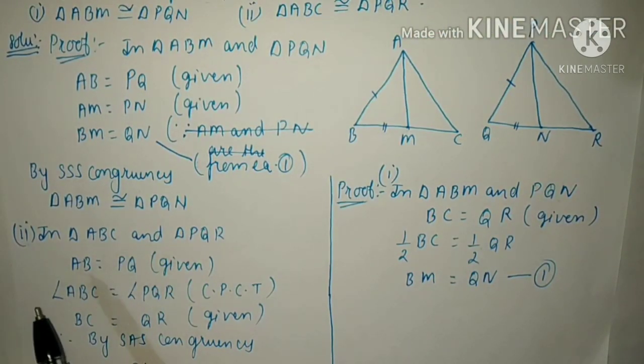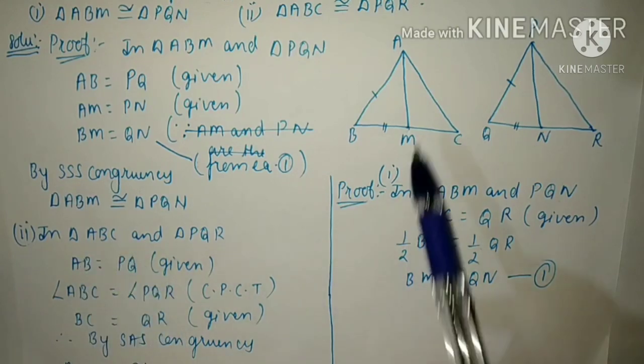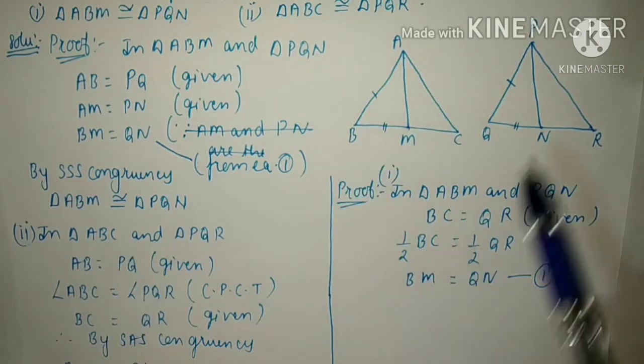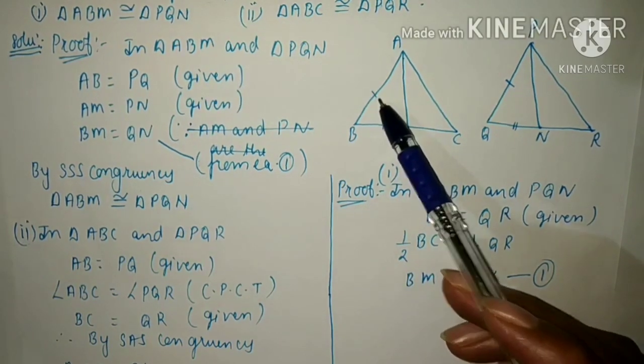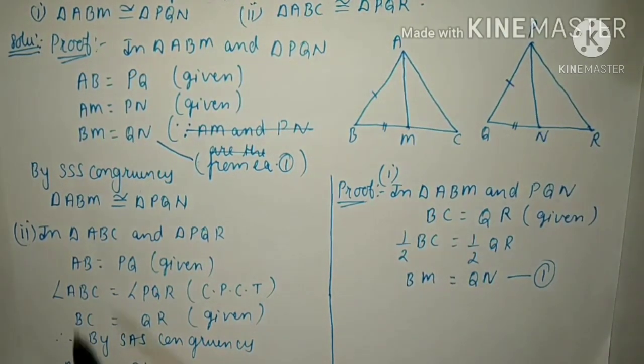In the second part, we have to prove the full triangle ABC and the full triangle PQR as congruent. So we will take triangle ABC and triangle PQR. Now in these two triangles, side AB equals side PQ. This is given to us.